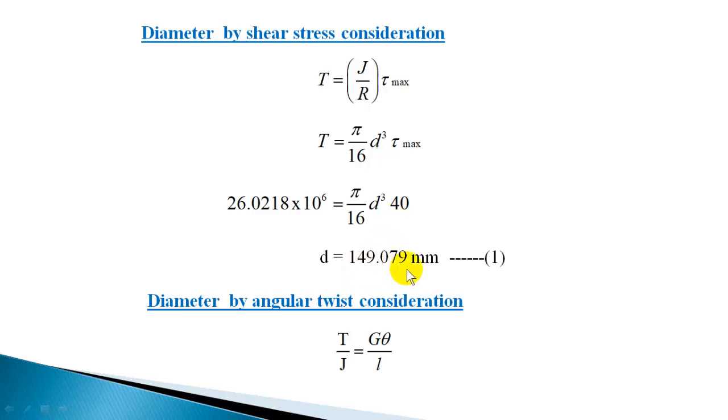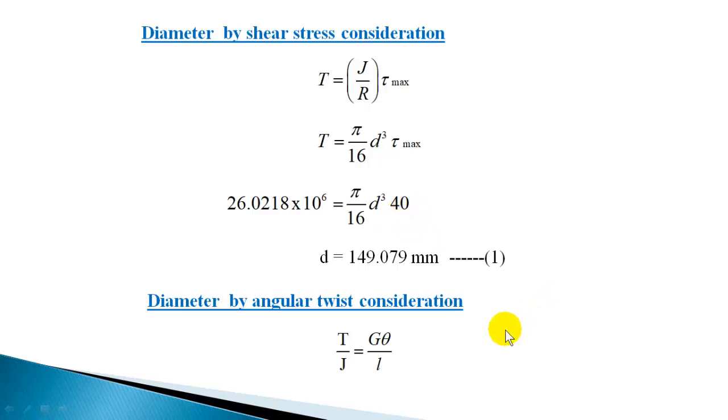When you use this diameter, you will have a maximum shear stress of 40 megapascal while transmitting 300 kilowatt at 120 rpm. So this is one solution for the diameter to satisfy this constraint.